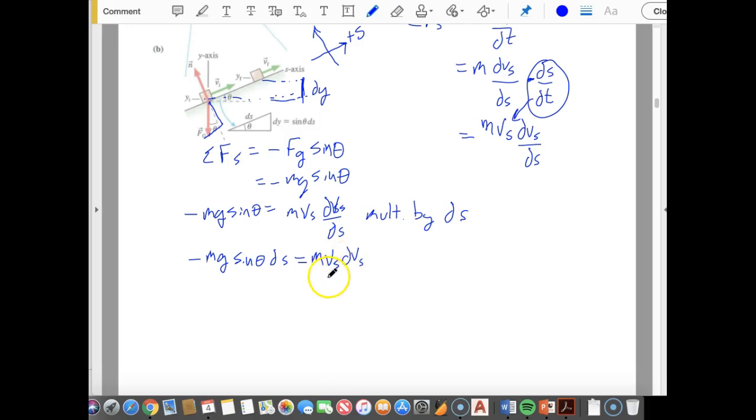direction. We also remember that dy here is equal to the sine of the angle times ds. And so because sine of the angle times ds is dy, this is going to be negative mg, and then instead of this, remember we said that's equal to dy, this is mg times dy, and that's equal to m times velocity in the x times the change in the velocity in that x before.